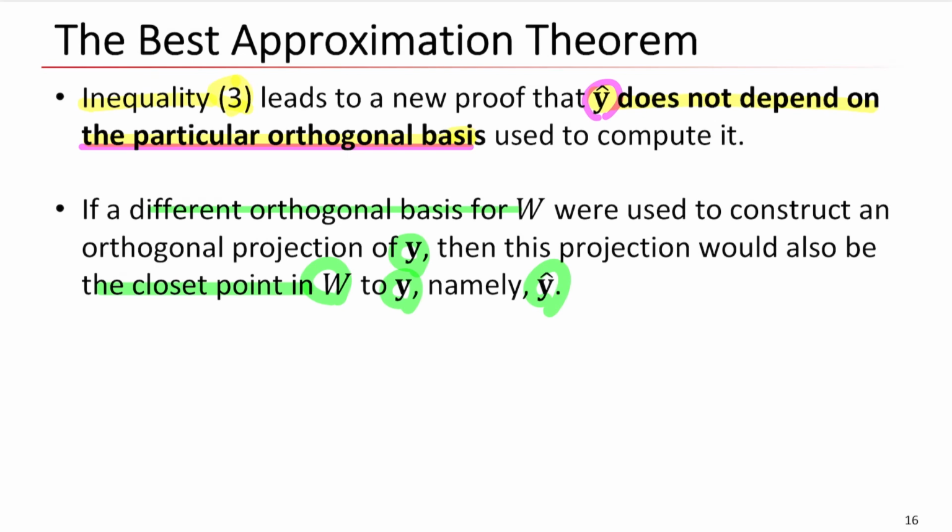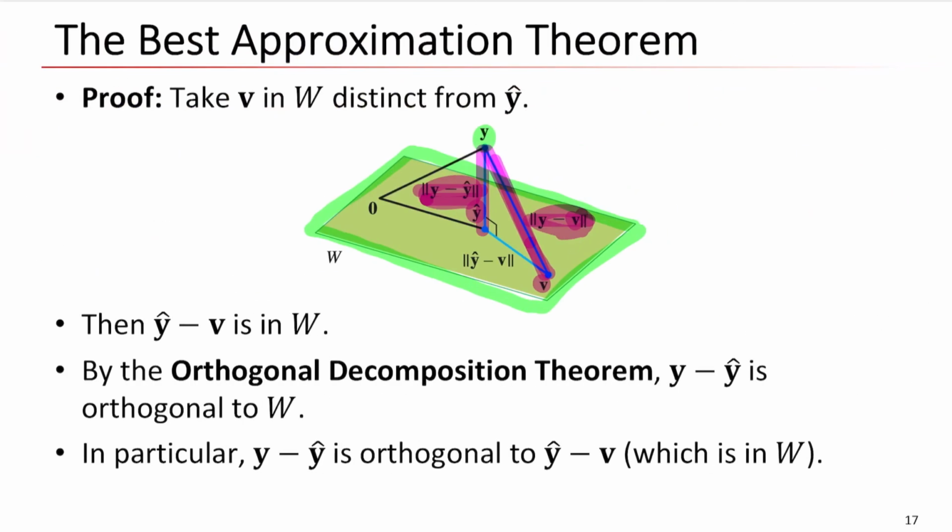So by using any orthogonal basis for the subspace W, we can find the Y hat. This is based on the best approximation theorem, right?